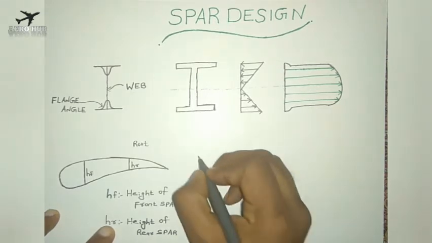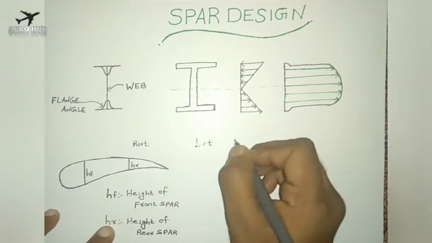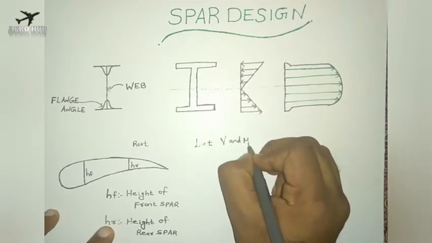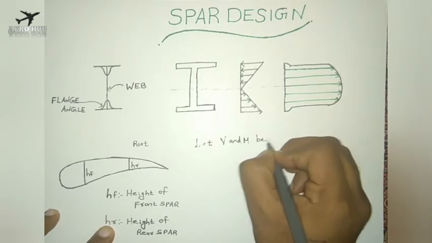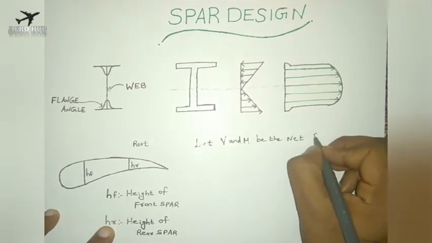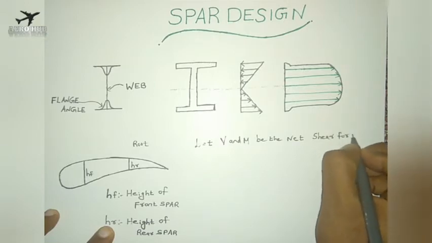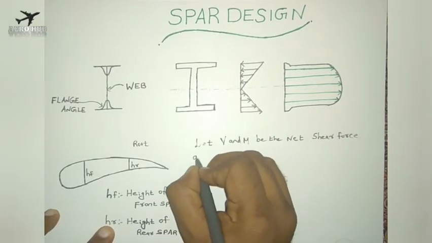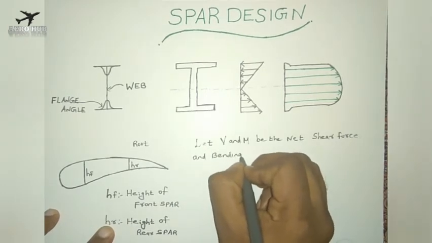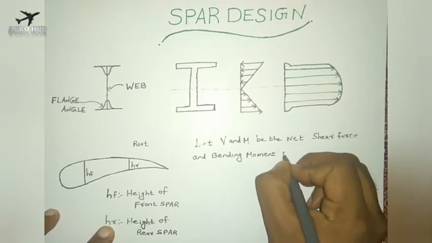Now let us assume capital V and capital M be the net shear force and bending moment at the root.